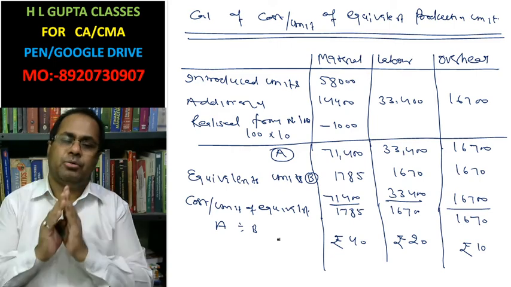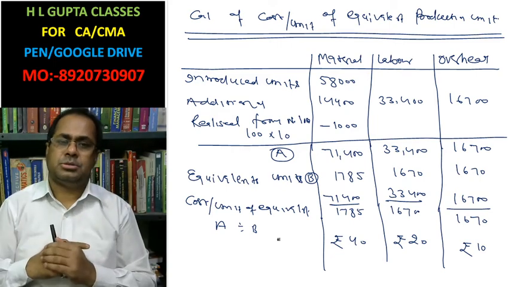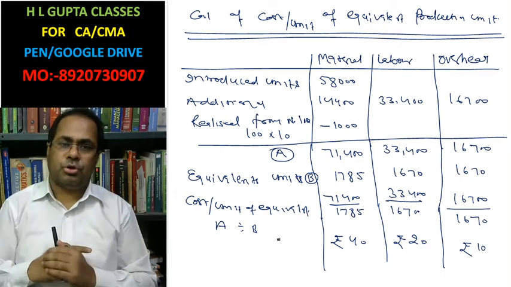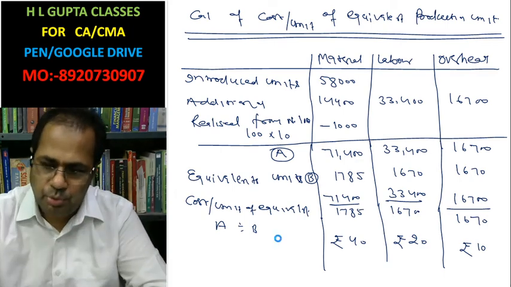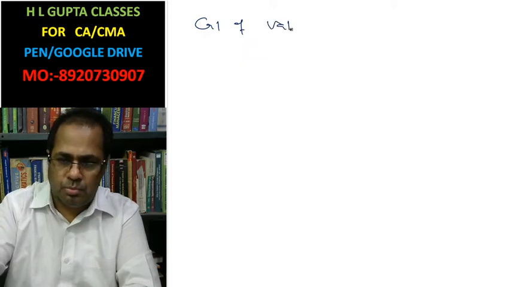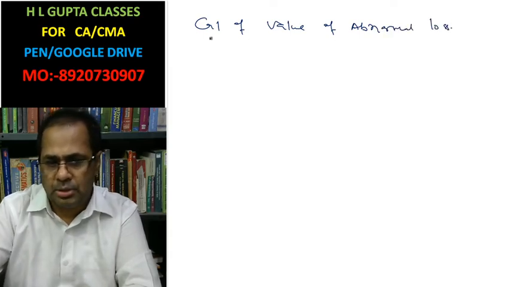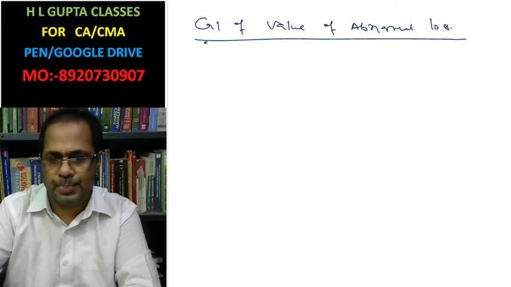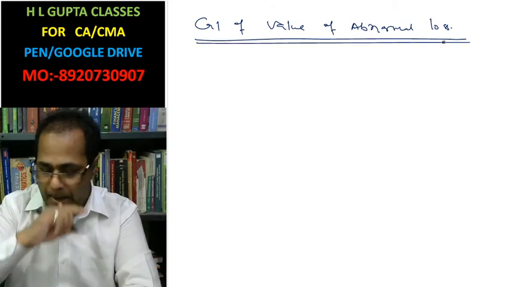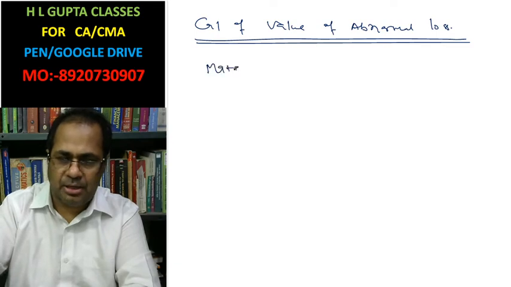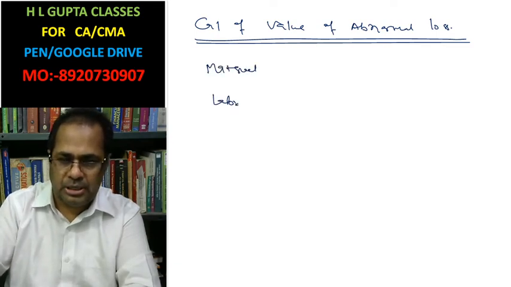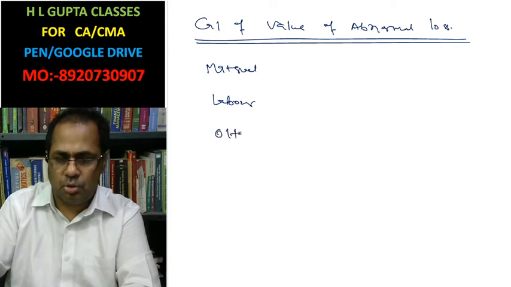Now you have to calculate value of abnormal loss, value of closing stock, value of transfer units. Okay, look at here. Calculation of value of abnormal loss. In this case, this is the material, this is the labor, this is the overhead.